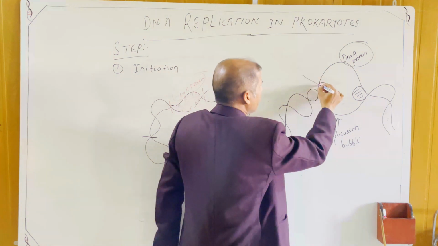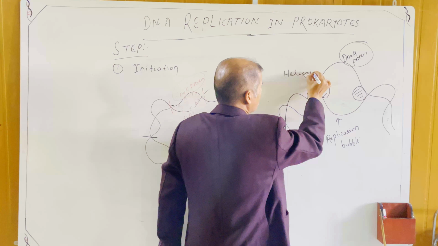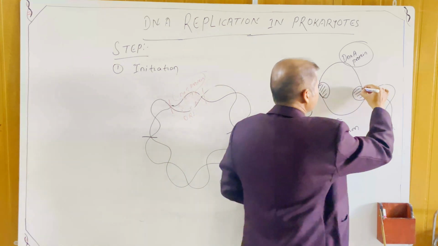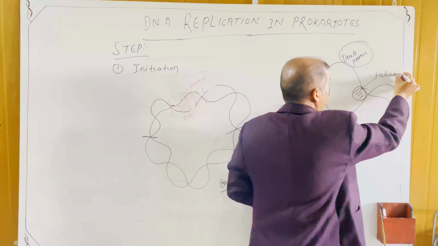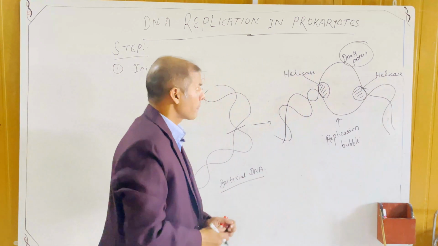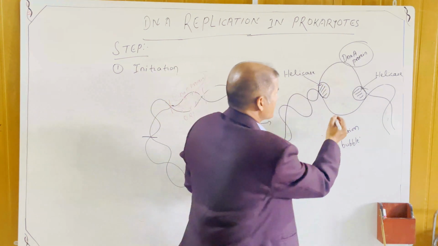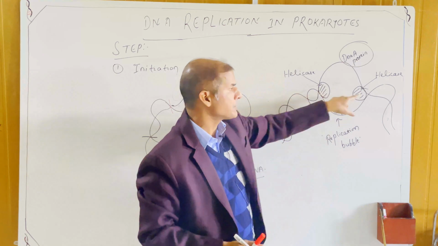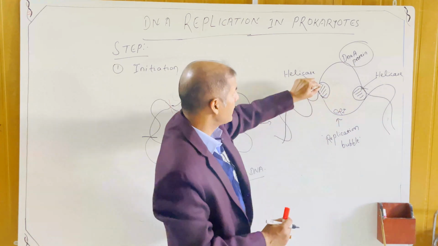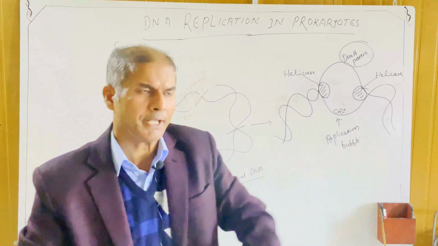We know that helicase is responsible for unwinding of the DNA structure. Helicase tends to unwind both strands of DNA.